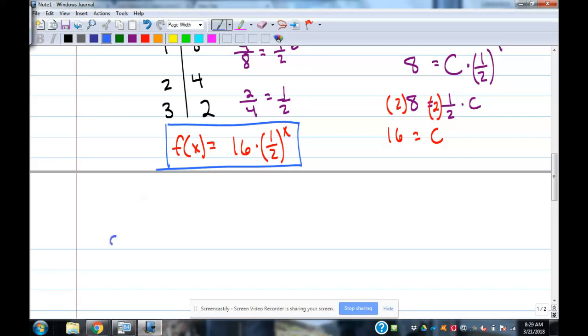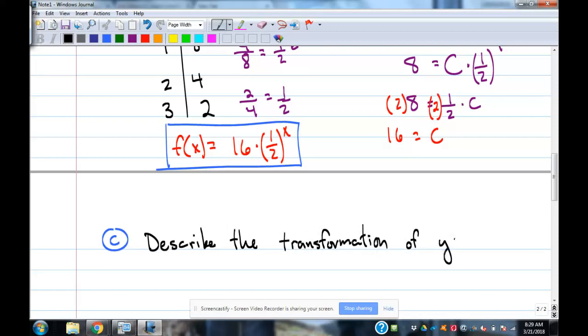Okay, so let's describe the transformation of y equals 2 to the x. That's our parent graph. That's the original.